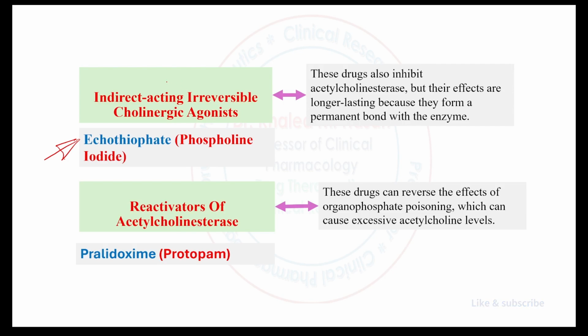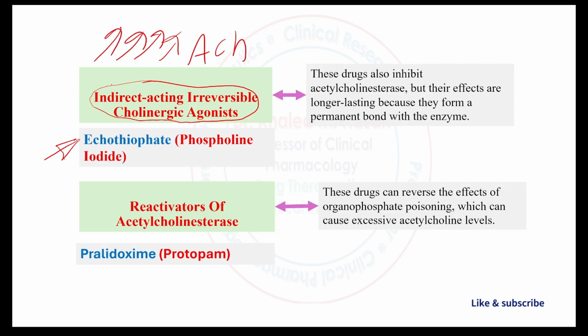This is how it works: it irreversibly inhibits the enzyme, leading to the increased level of acetylcholine. So we have a high level of acetylcholine in our body. The patient will suffer from toxicity due to the overstimulation of receptors, it could be muscarinic receptor or nicotinic receptor.